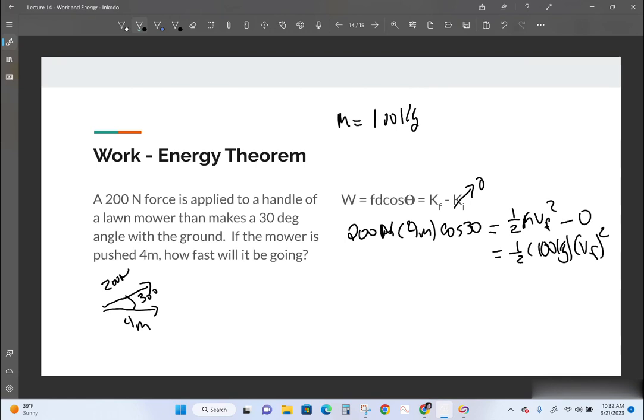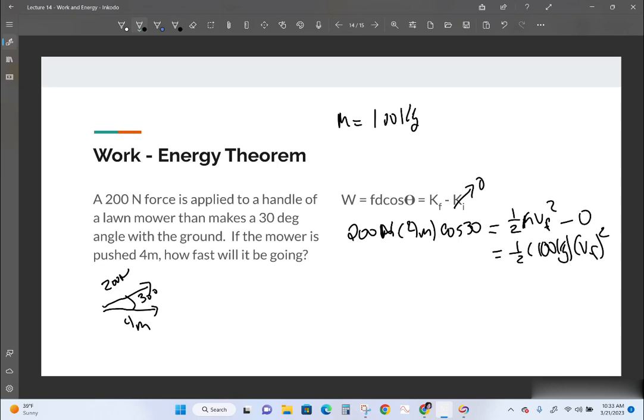So if I plug that in, it equals 1/2 of 100 kilograms times vf squared. And this is going to be equal to 200 times 4, which is 800, times the cosine of 30. That does not make sense. Let me try that again.